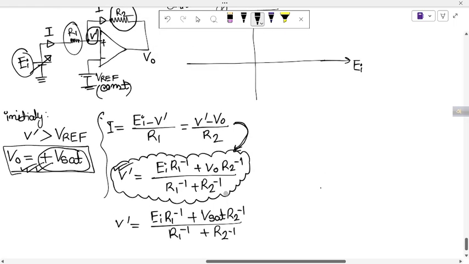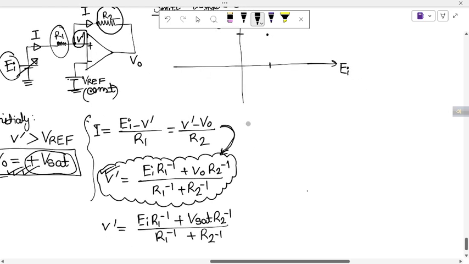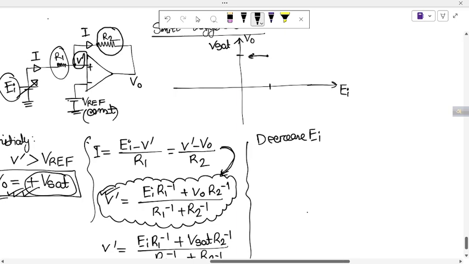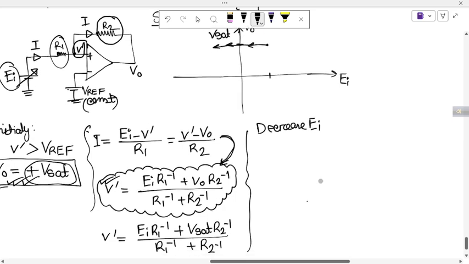If you look at the graph, the input voltage is, say, here, and you get the output voltage equal to positive Vsat. So you are at this point, and now we will decrease EI. That means we will go to the left side of this graph.